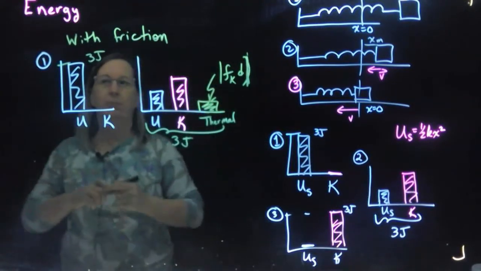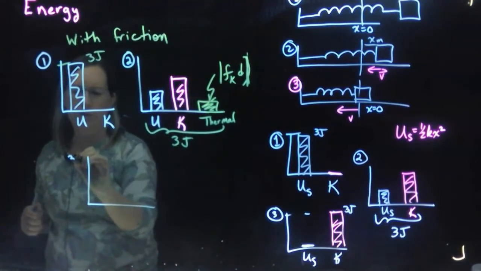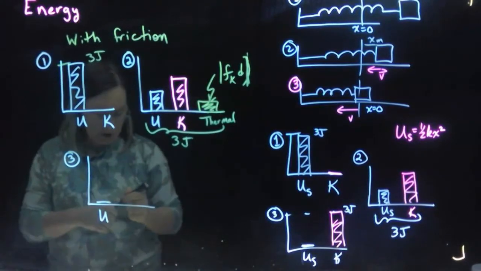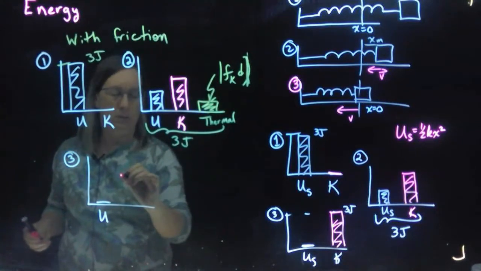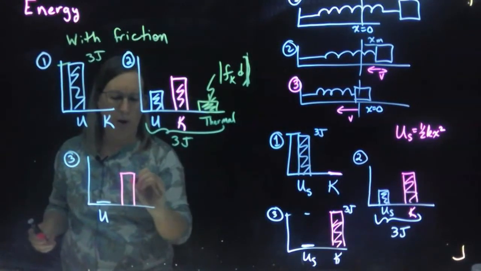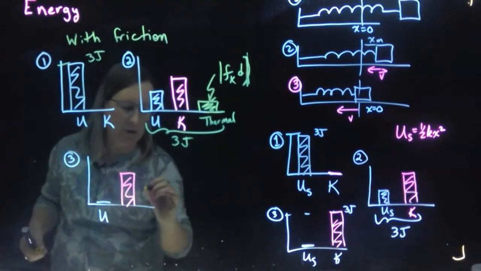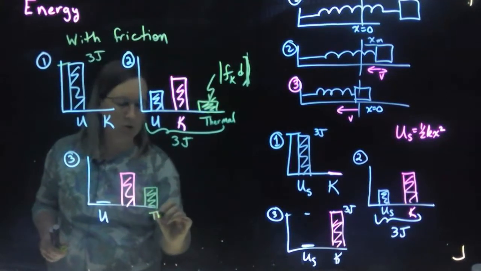So that would be in position 2. And in position 3, assuming the friction didn't bring it to a stop at that point, we would have potential energy of 0. We would have a kinetic energy that's like this, some amount. How big it is now is going to depend on the numbers, and the thermal energy is just going to continue to grow.